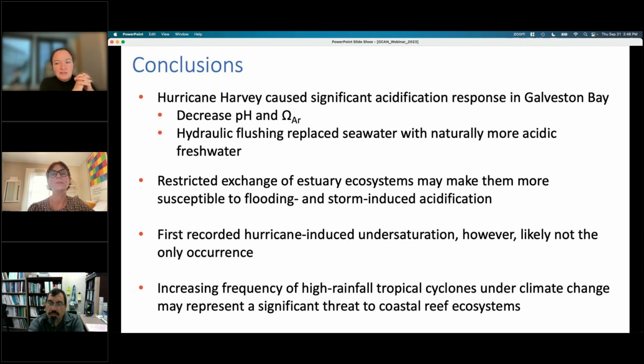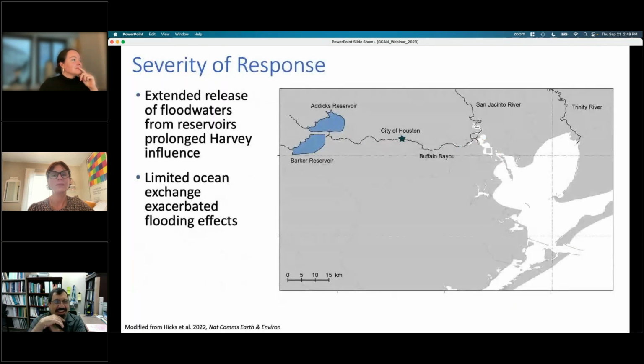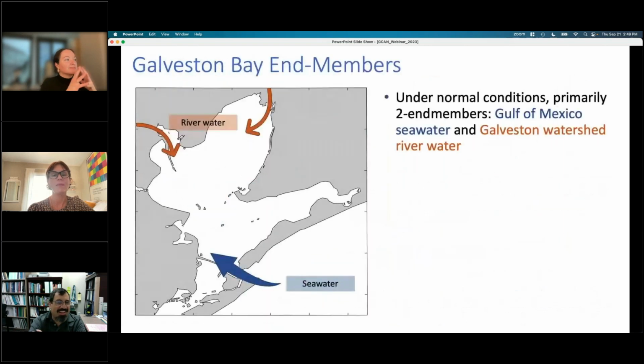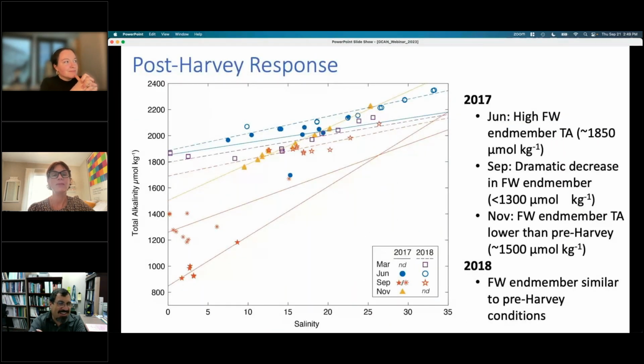Yeah, that's fascinating. I was very, pleasantly surprised at the linearity of the relationships you showed in these sampling events that you had. I do understand that the November data, those yellow triangles, when projected, show an elevated anticipated alkalinity at a salinity of 35.